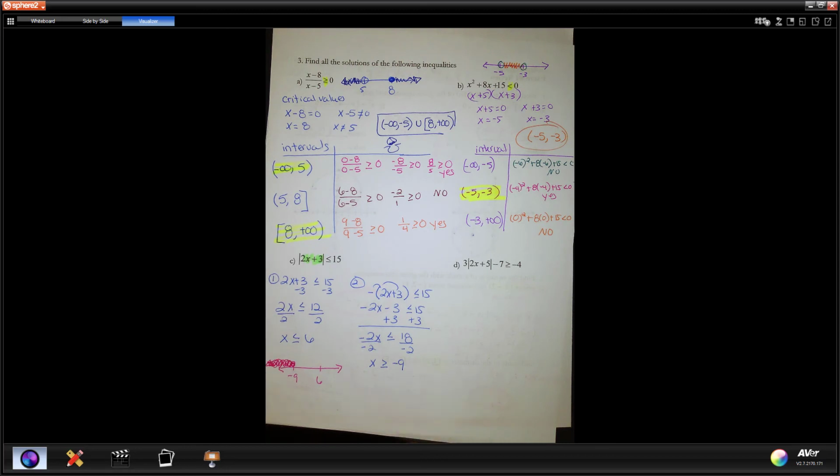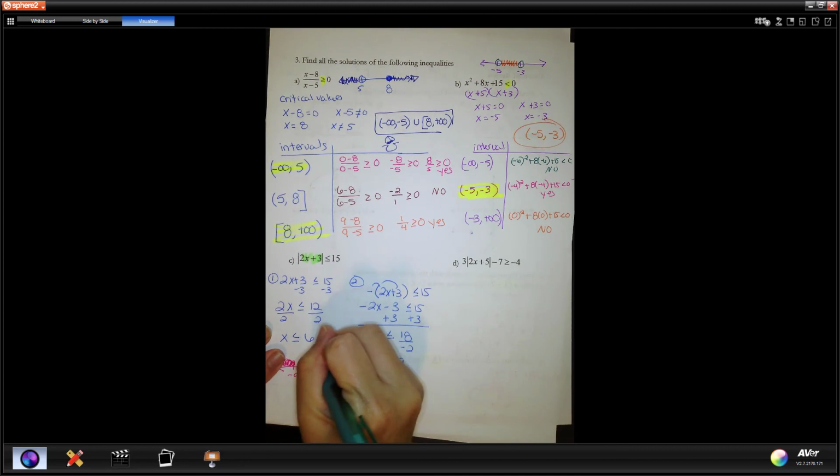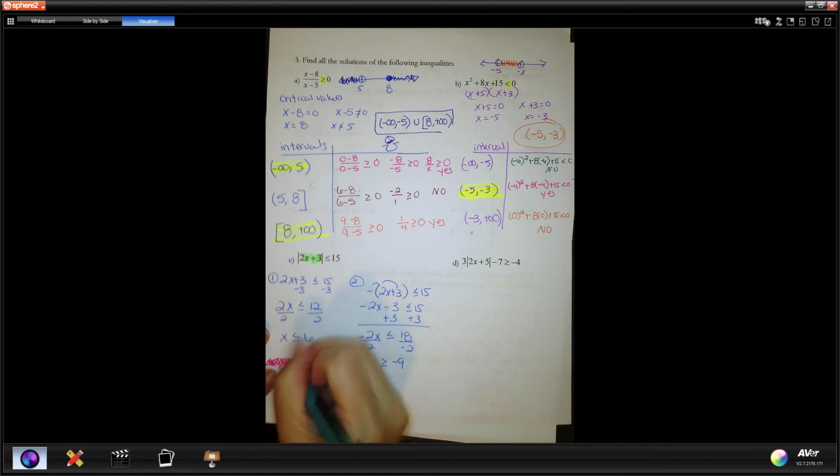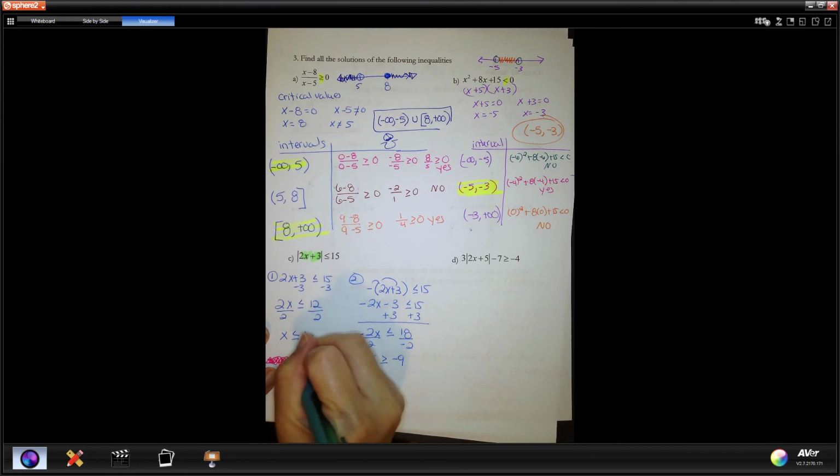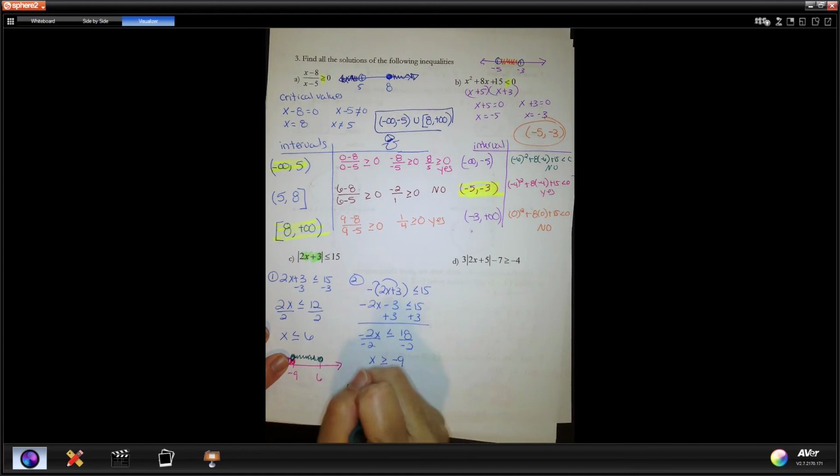We do that in a different color. So less than or equal to 6, closed circle, going this way. Greater than or equal to negative 9, closed circle, going that way. So notice they happen to meet in the middle, and I apologize for that. And so then our final answer is from negative 9 to 6.